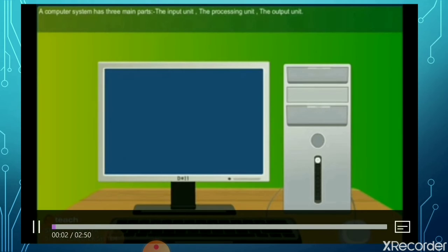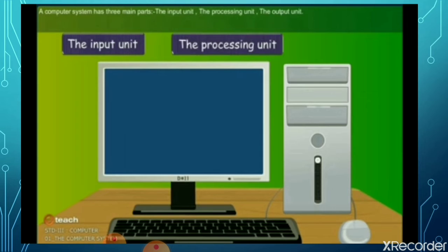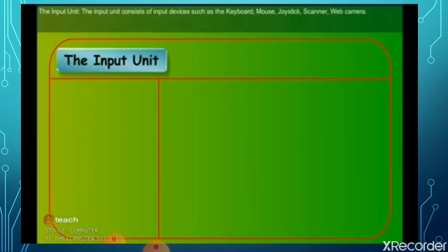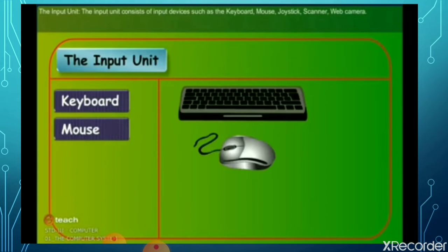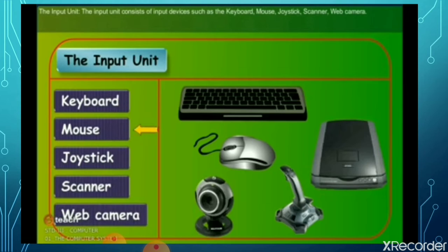A computer system has three main parts: the input unit, the processing unit, the output unit. The input unit. The input unit consists of input devices such as the keyboard, mouse, joystick, scanner, web camera.